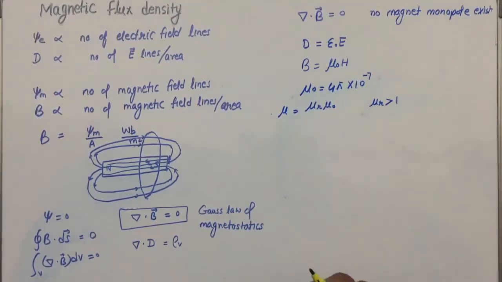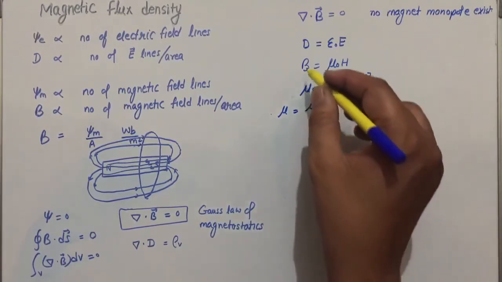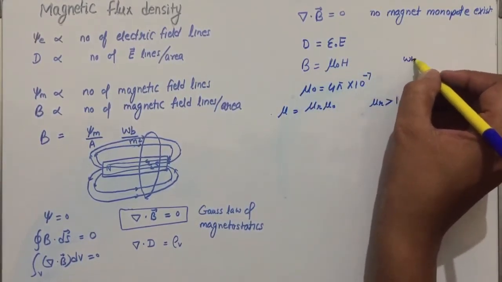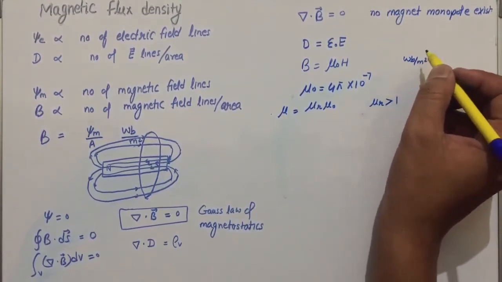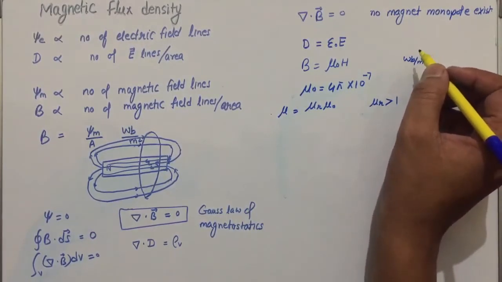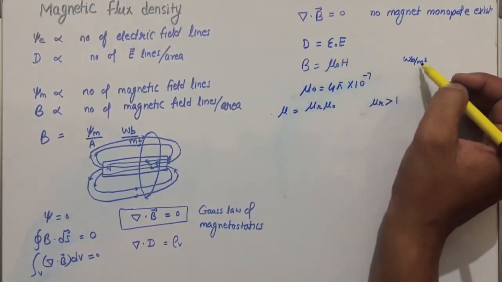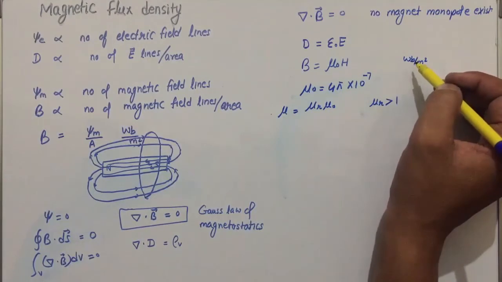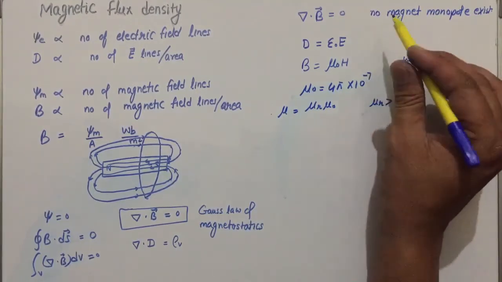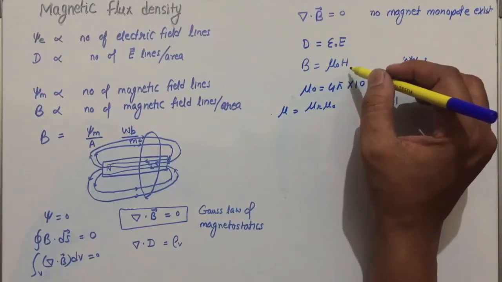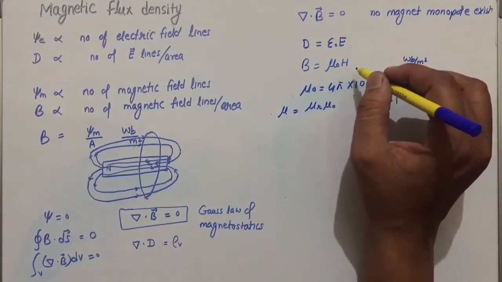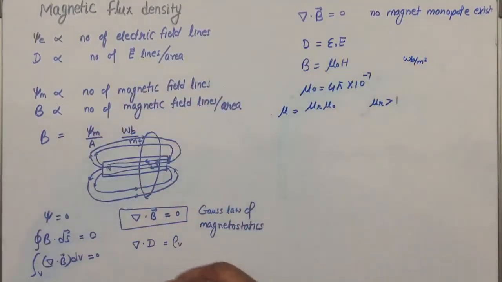From here we find that the unit of B is Weber per meter square, that B depends on the medium, whereas H is independent of the medium. So these are a few points regarding the magnetic flux density and the terms related to it.